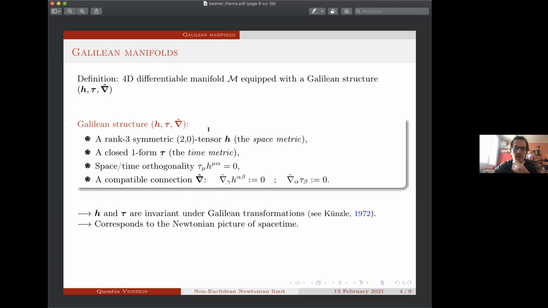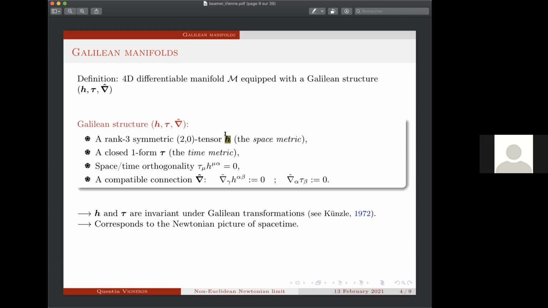And so you take those such that, yes, as you said, they are invariant under Galilean transformations. But no, it's automatic, once you assume that your spatial coordinates corresponding to those Galilean transformations are orthonormal with respect to the space metric H.